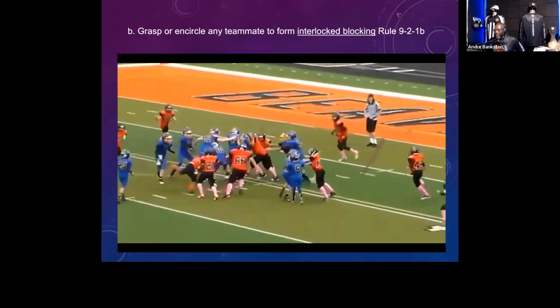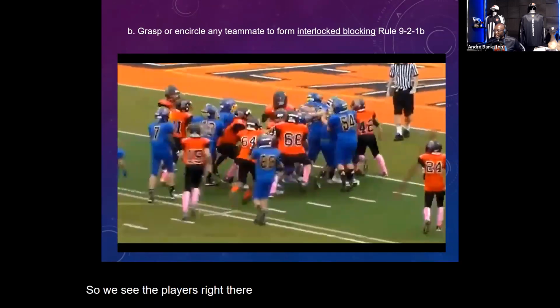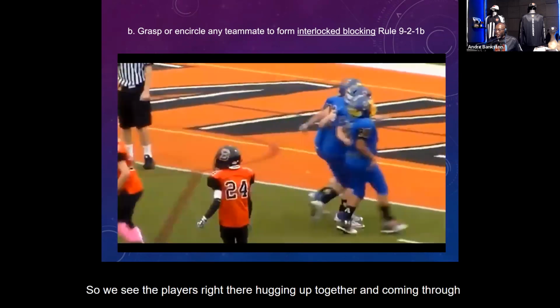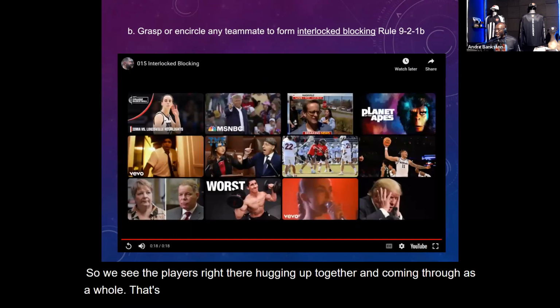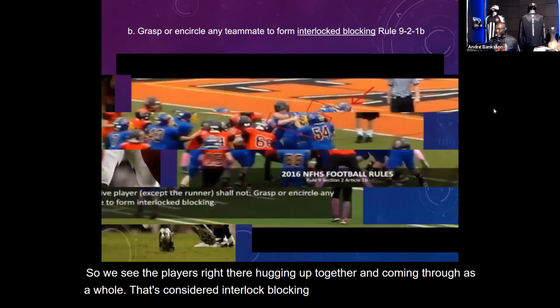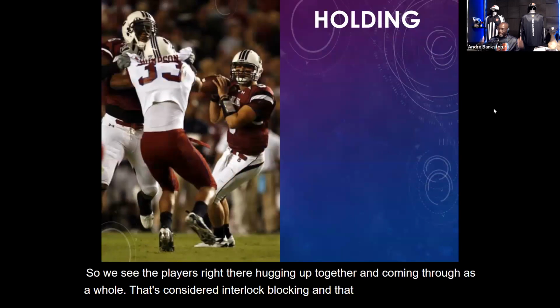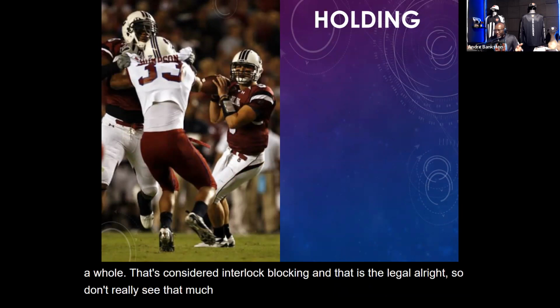So we see the players right there hugging up together and coming through as a whole. That's considered interlock blocking, and that is illegal. All right, so you don't really see that very often, but just in case you see it, now you know what it looks like.